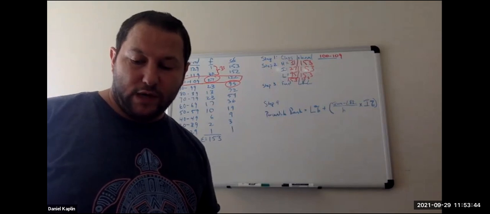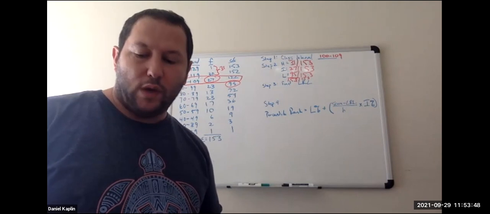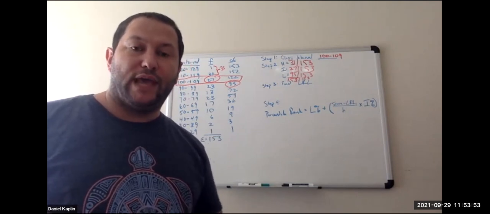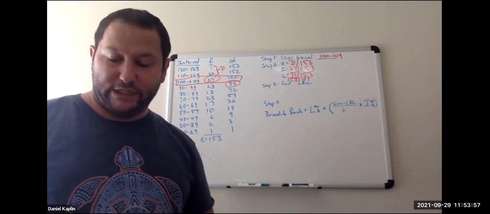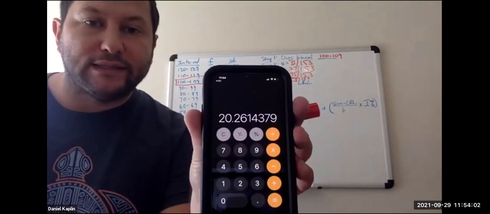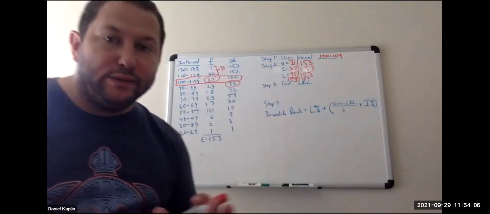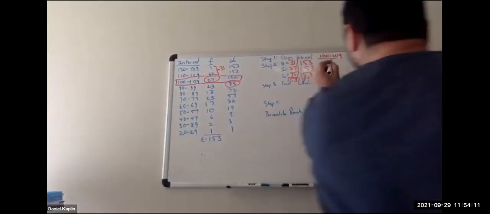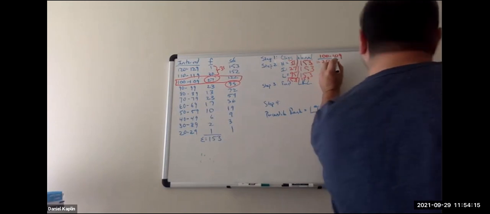So we do 31 divided by 153 times 100. We do times 100 in order to get a whole percentage. When I do that, I get 20.261. I'm going to use 2 decimals for the sake of this demo, so I'm going to say this is 20.26.